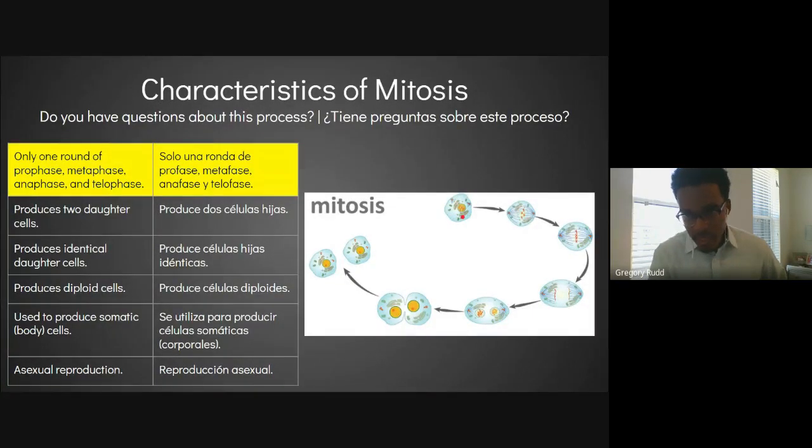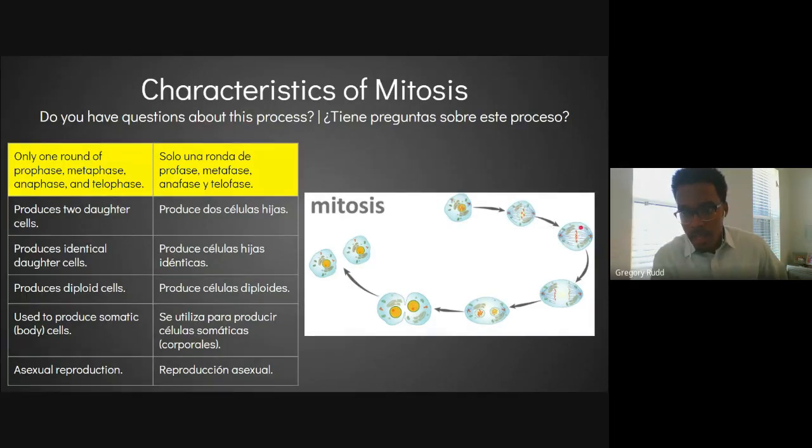And we can see here, here's the cell. This is interphase, so the cell has just replicated its DNA. It's gone through 2 gaps or 2 growth stages. Here's prophase, so the nuclear membrane, which the nucleus here is in yellow. I don't see any yellow in this picture, so the nuclear membrane has now dissolved.